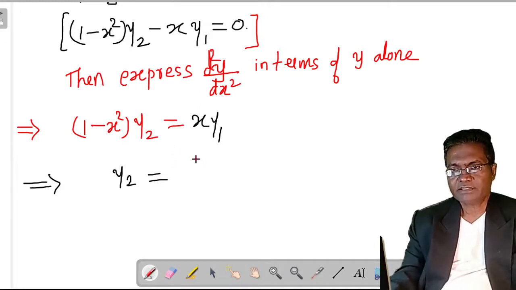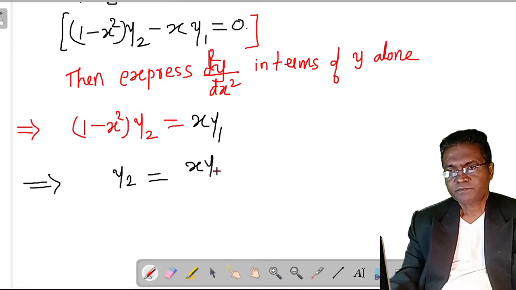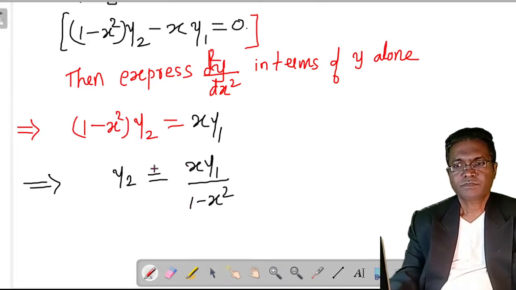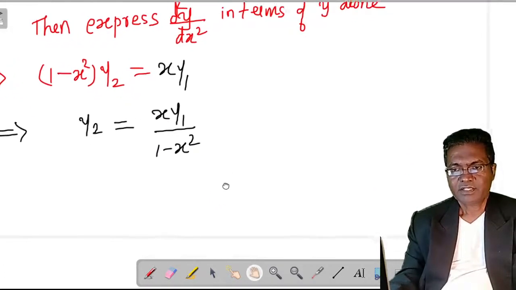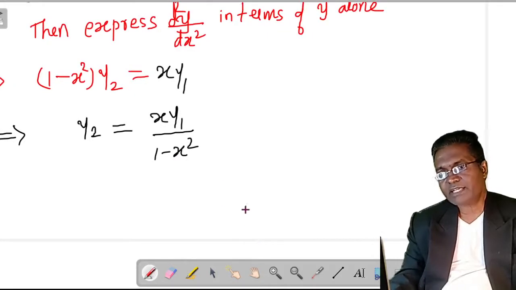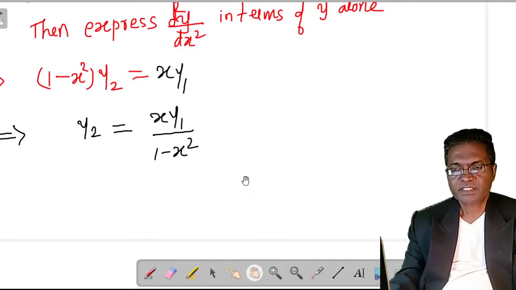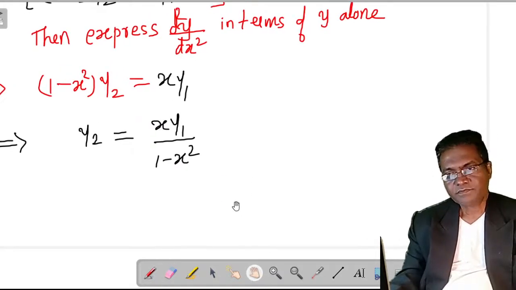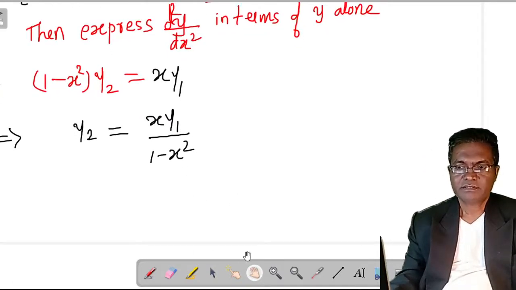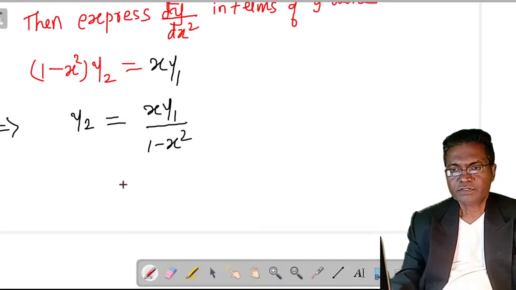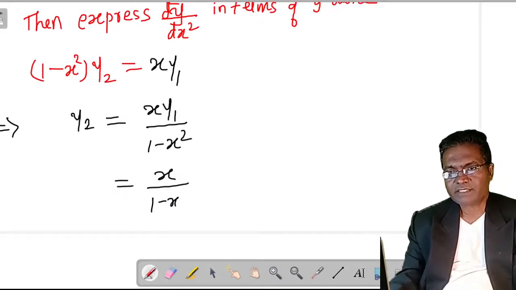So I can write, bring this 1 minus x square to this side. Now you need to convert x terms in terms of y.